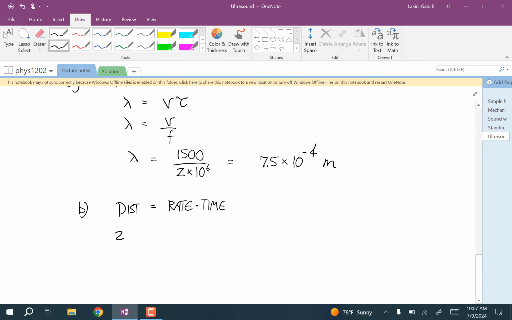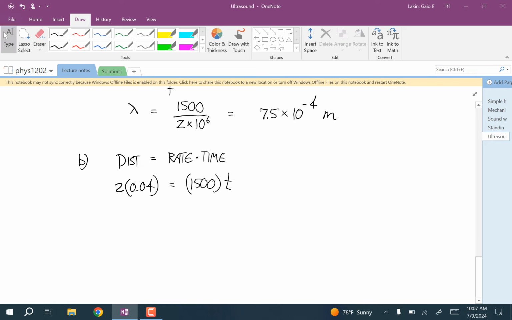And so we have 2 times 0.04 is equal to the wave speed times the time that we're trying to calculate. And so the time is equal to 0.08 divided by 1500.